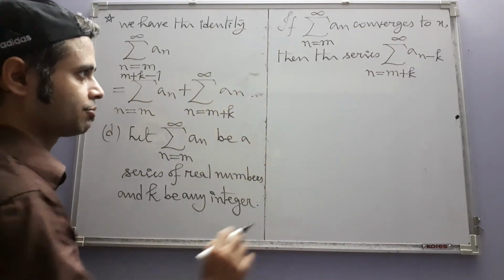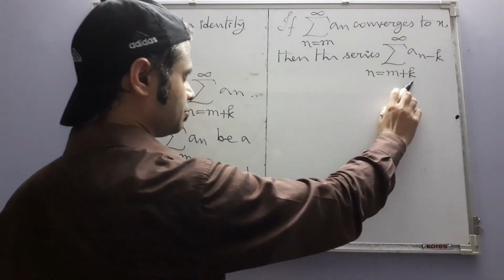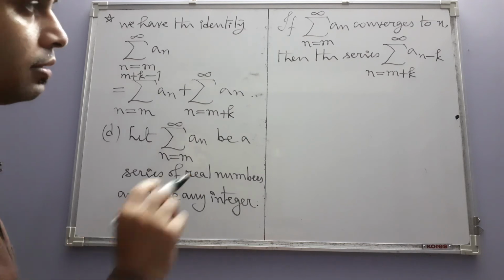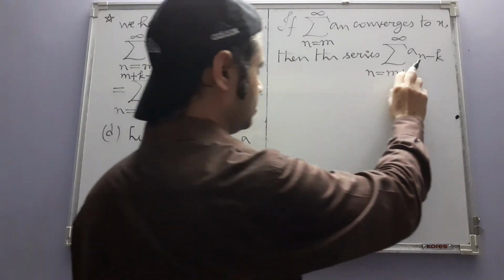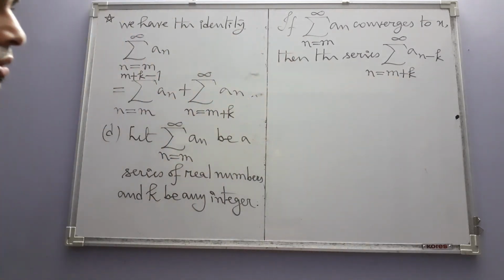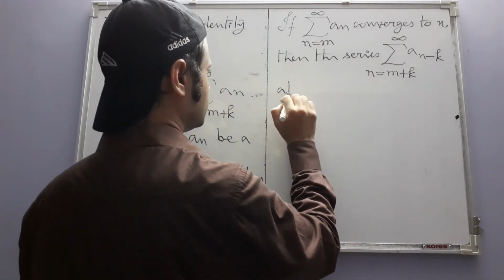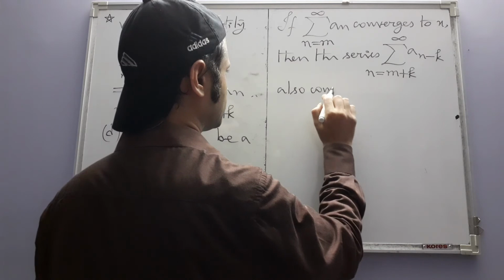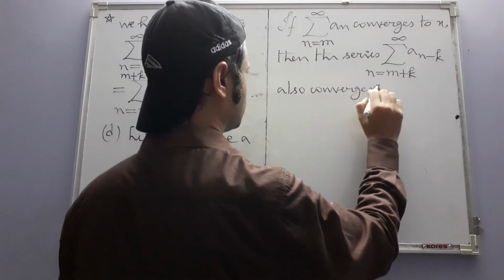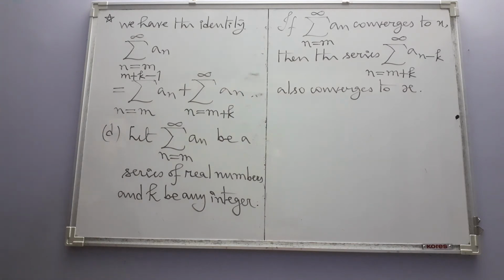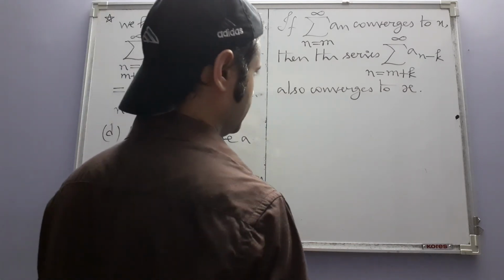So we have written m plus k in place of m, and to compensate for that we have written n minus k in place of the suffix n. And that's it.